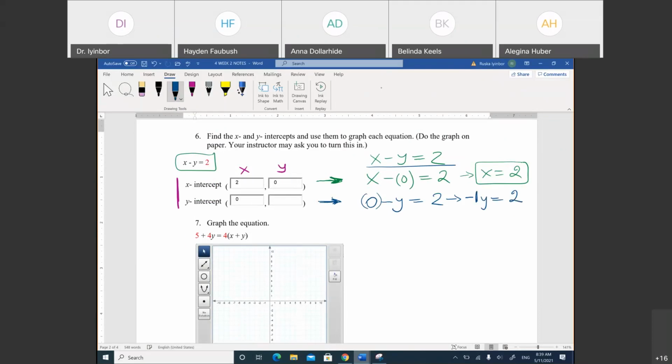To get positive y, 1y, I'm going to divide by negative 1. And that will give me y equals what? 2 divided by negative 1 is negative 2. So that's the y. That's where you cross the y-axis, it's negative 2. Okay? Any questions?